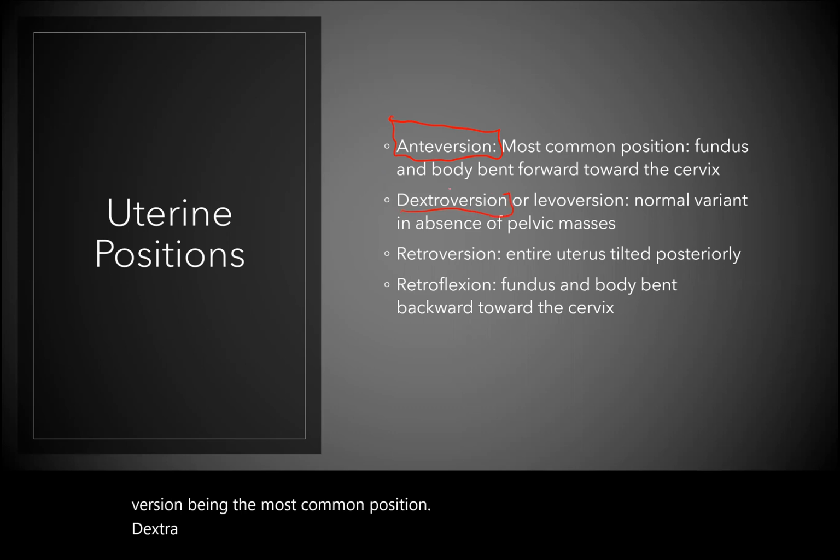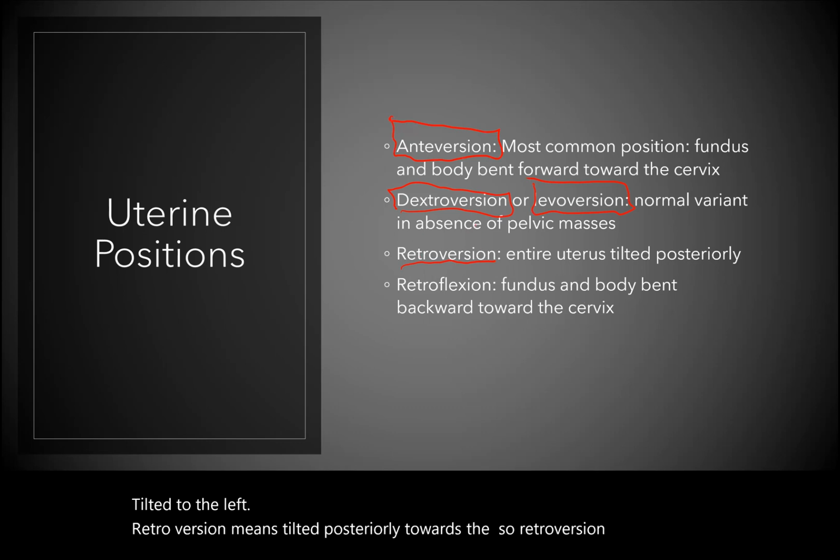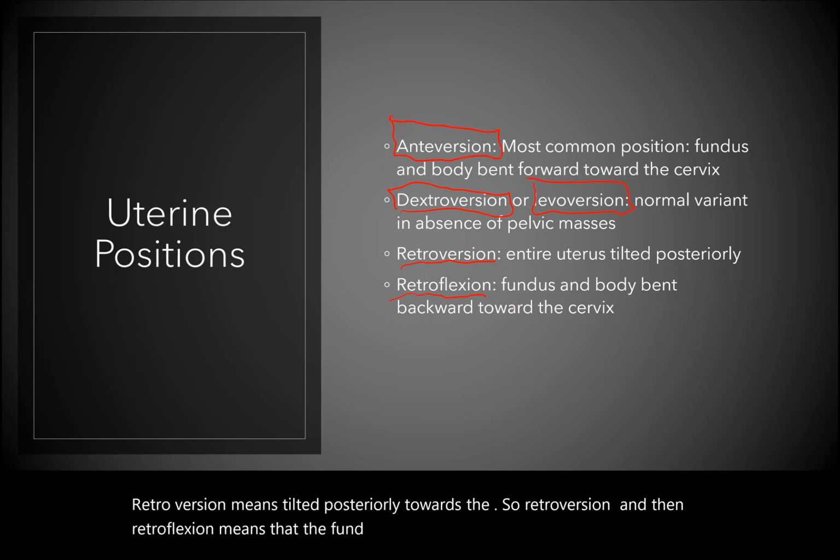Dextroversion, dextro means right, means kind of tilted to the right. Levoversion means left. I remember left, levo, tilted to the left. Retroversion means tilted posteriorly towards the rectum. So retroversion, rectum. And then retroflexion means that the fundus and body are bent backwards.